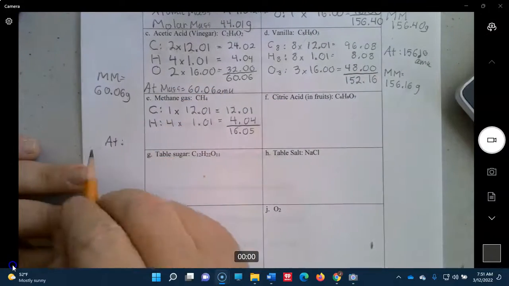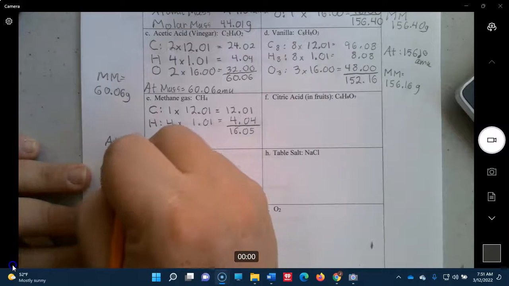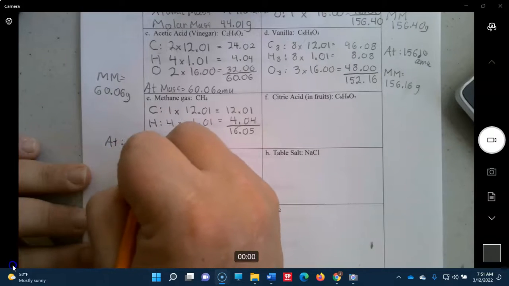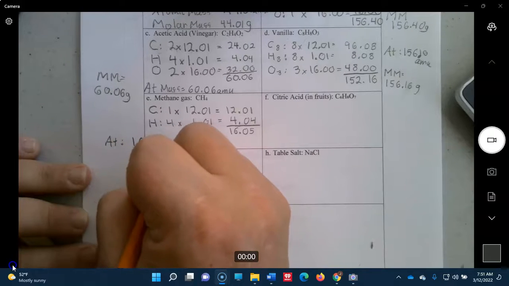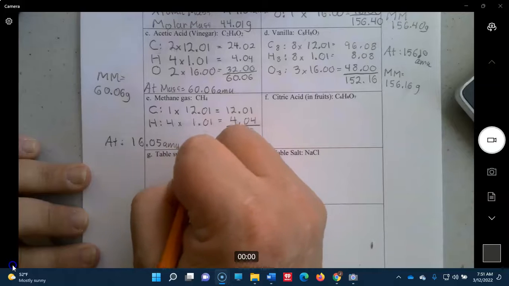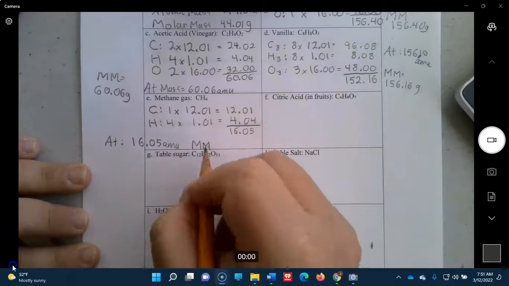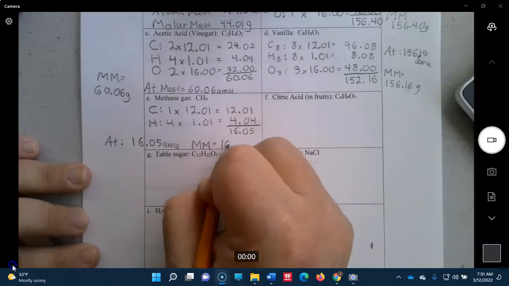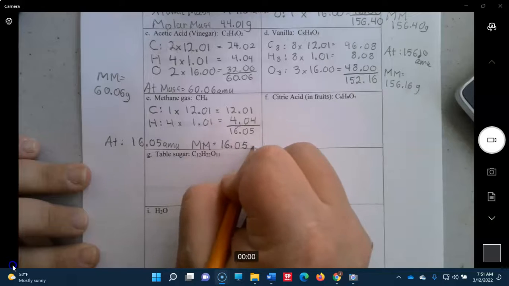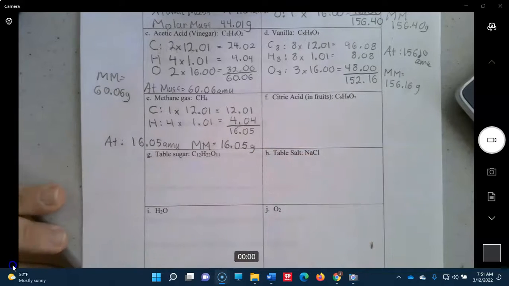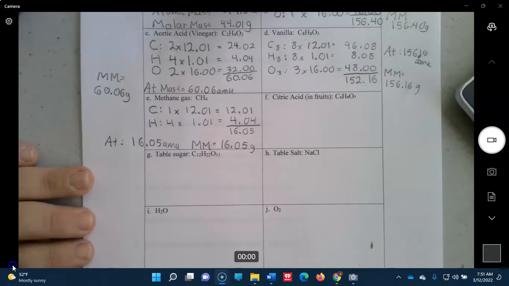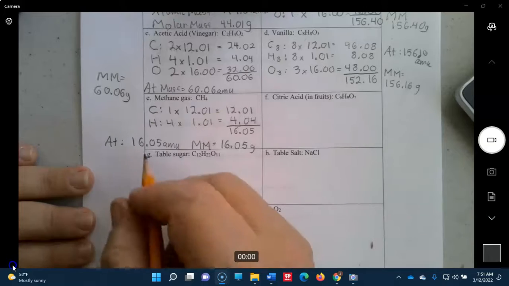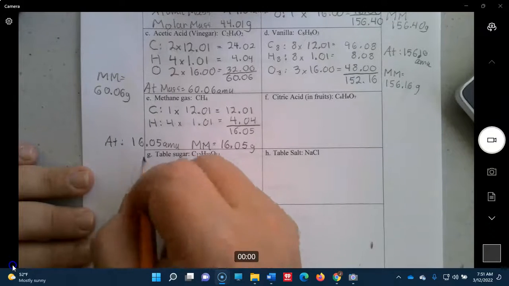Just abbreviate atomic mass like this. Molar mass, that is the abbreviation for molar mass. Okay, and that's your answer for that. Table sugar, this is a big one.